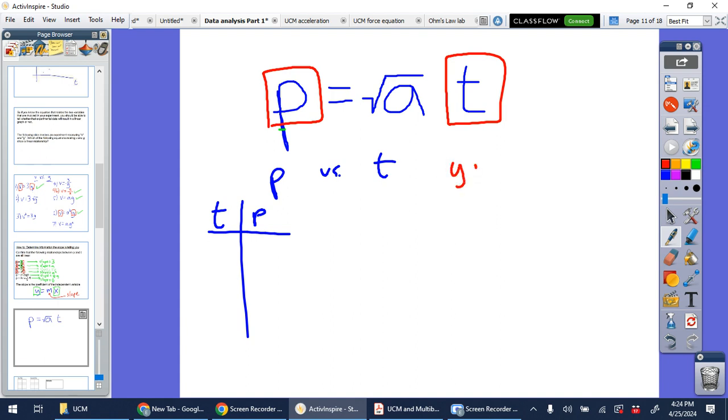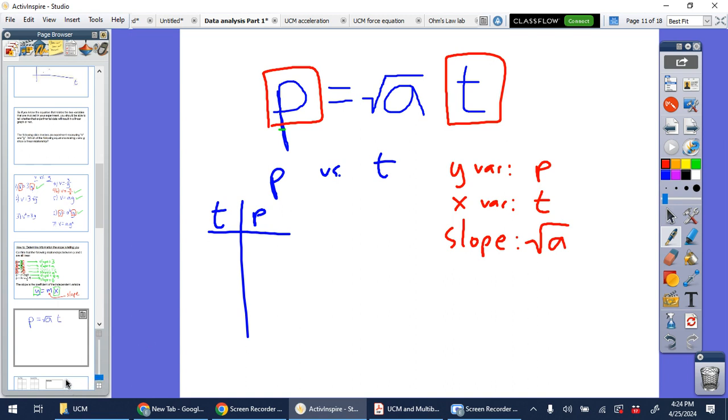I'm going to say the y variable is definitely P, the x variable is definitely T. And the last thing I know is that the slope for sure is, in this case, hopefully you guys have already thought of it in your head. So this slope for sure is the square root of A. Right? And the other thing I noticed is that P and T are linear.